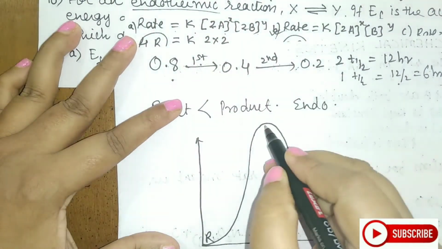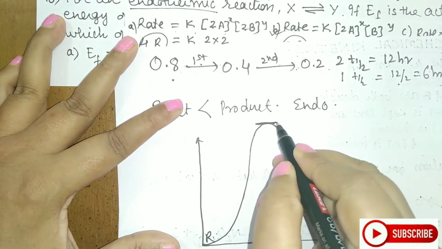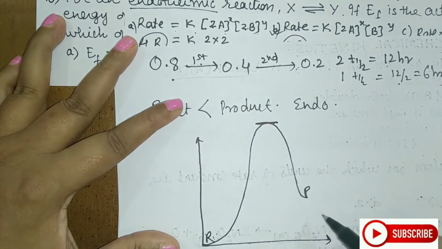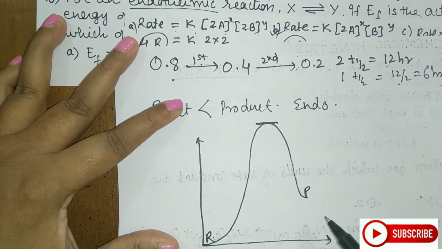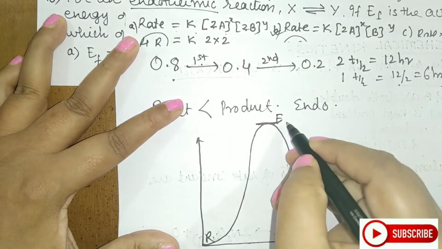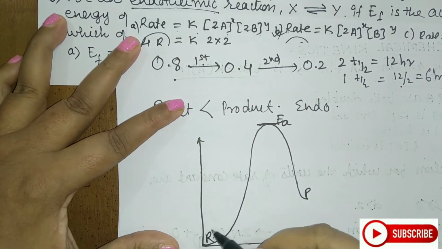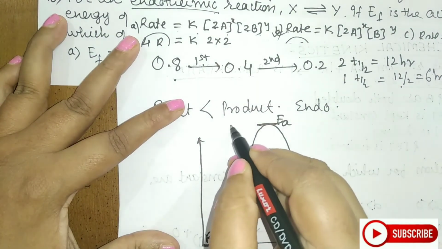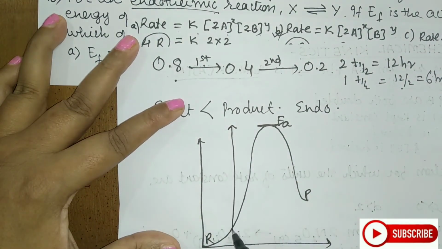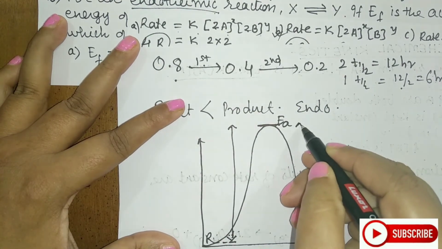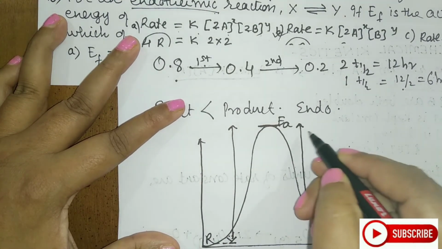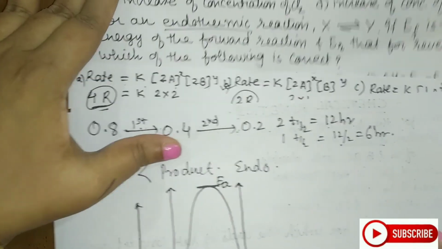Now students, you know the activation energy. This is the barrier the reactant must cross in order to result in the product formation. So I will call this the activation energy. In that case, the activation energy for the reactant will be this, and the activation energy for the products will be this. Let us see what they are asking in the question.